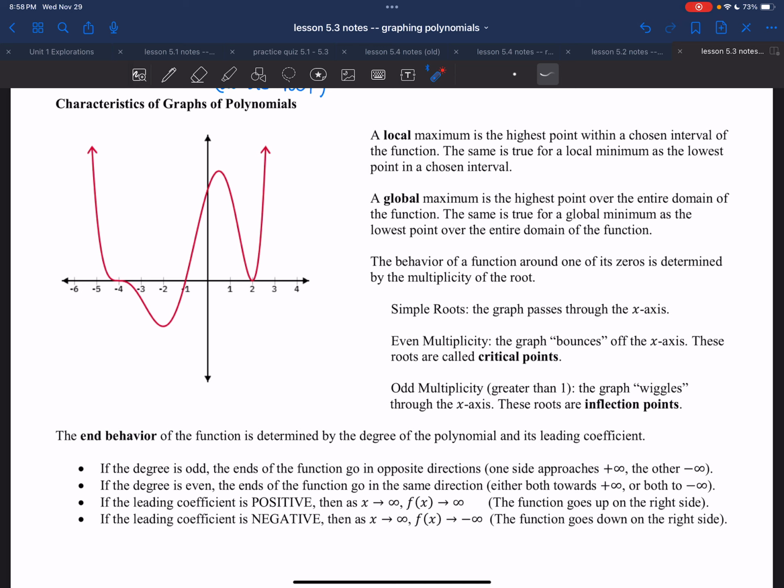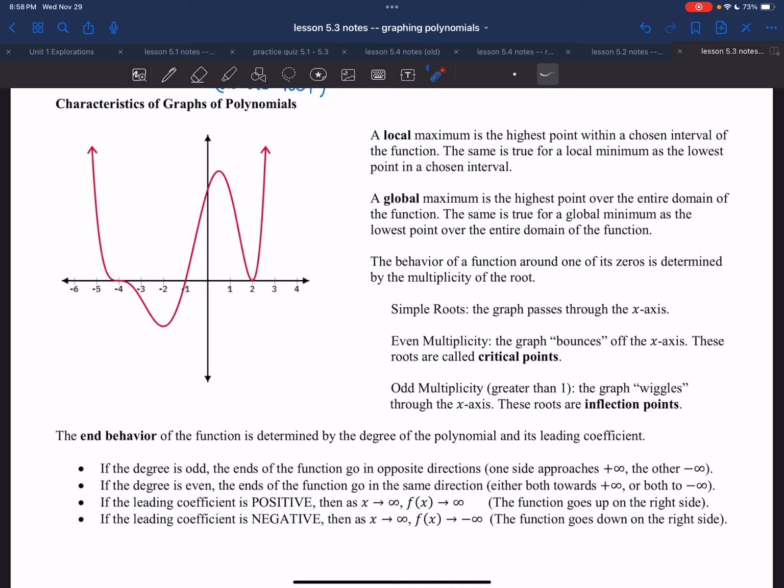The first few parts are pretty easy. The first thing is vocabulary about local maximums and global maximums, as well as minimums. Local means within a sort of specific region, and global means everywhere. Just think what the words mean.